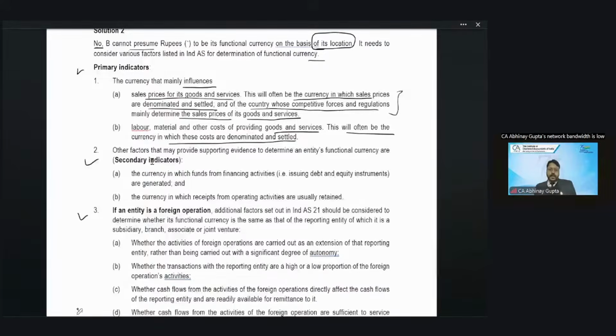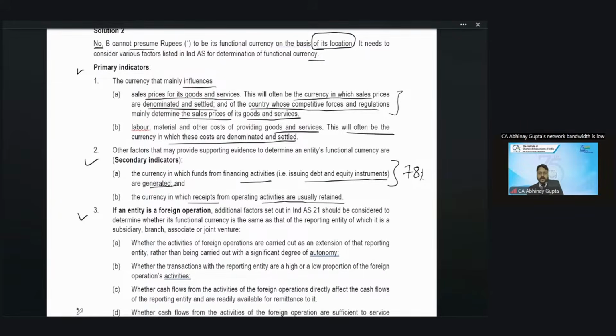Other factors, secondary indicators: the currency in which the funds from the financing activities, that is issuing debt or issuing instruments, are generated, and the currency in which the receipts from operating activities are usually retained. Now, in this case, 78% of the finances are being generated in USD, correct?